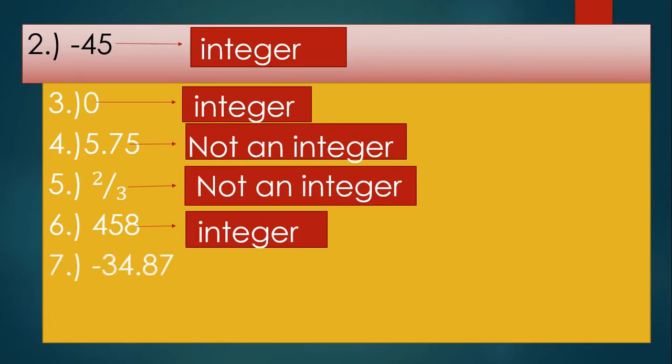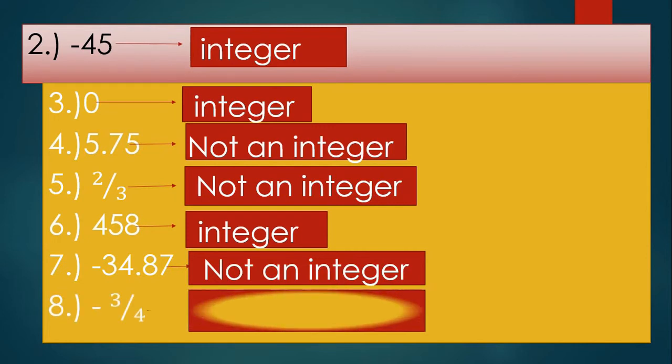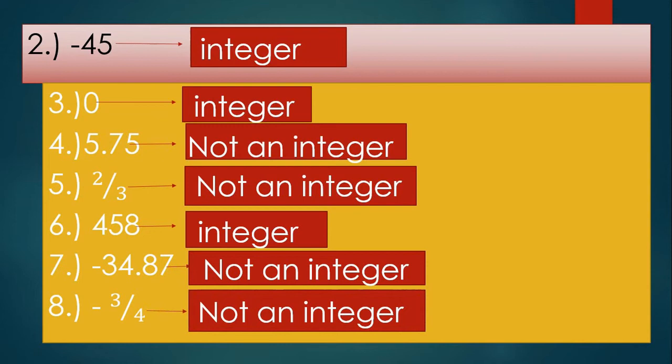Is this an integer? No, this is not an integer, obviously, because the decimal made it not an integer. Number 8, negative 3/4. Is this an integer? The answer is not an integer. Okay, so you know already what is an integer and what is not. So let's review. An integer is a whole number, there's no point or decimal.